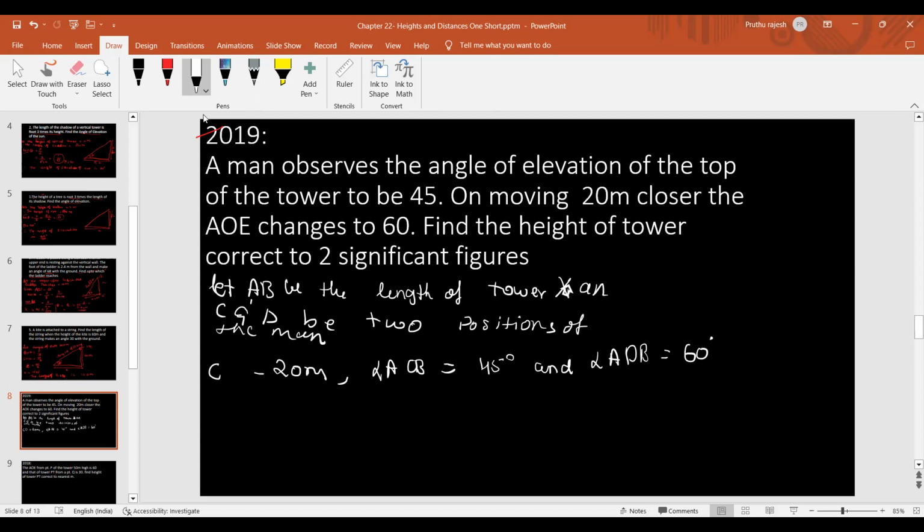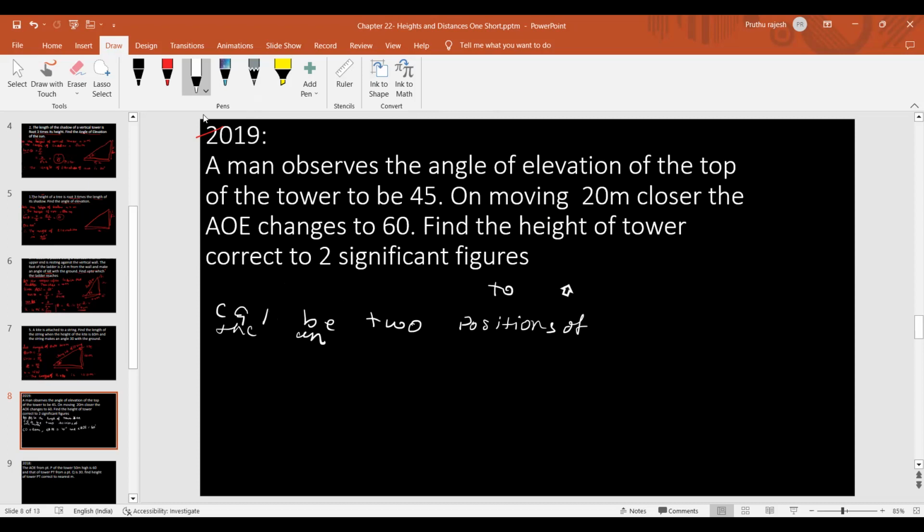Let me erase this for you, the space constraint. Now, first thing we have to consider was that triangle ACB, the whole triangle in which the initial position of the man was and the initial angle of elevation was found to be 45.